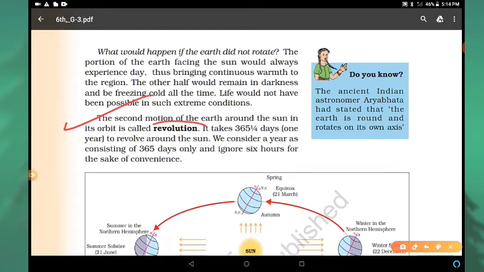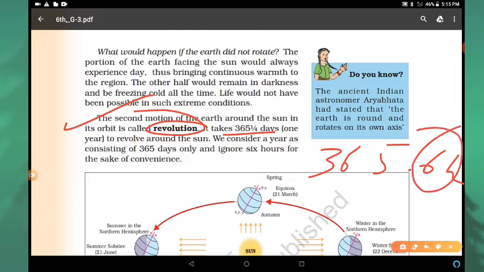Second motion, revolution. When earth takes a round of the sun in its orbit, it is called revolution. It takes 365 days and approximately 6 hours, 5 hours 48 minutes, approximately 6 hours.